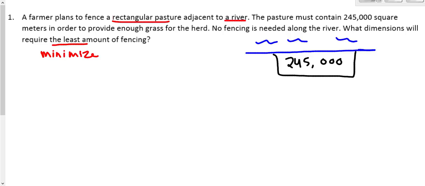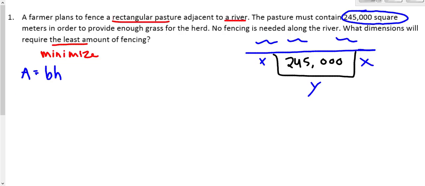So let's look at our sides. What we know about our sides is we know that these sides will be the same, and this side will be different. So what we know is that our area is base times height, and the constraint that they gave us was 245,000 square meters.